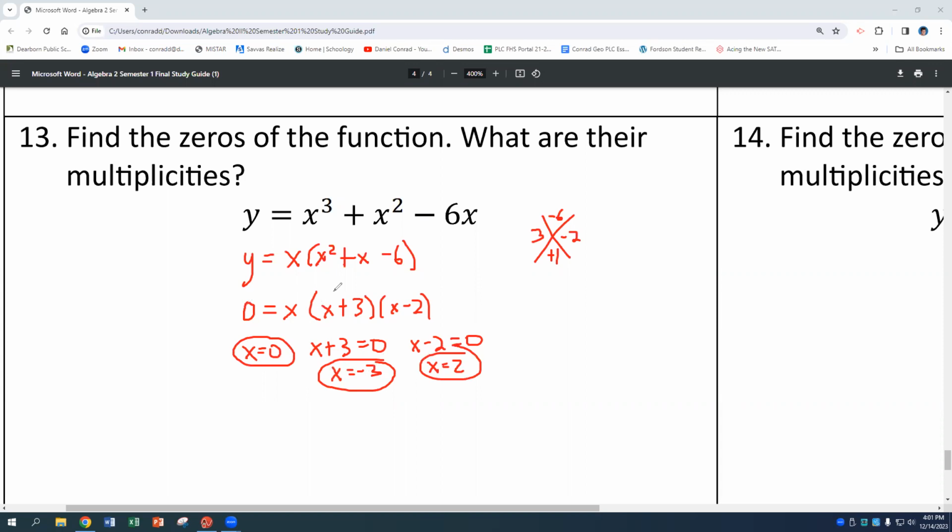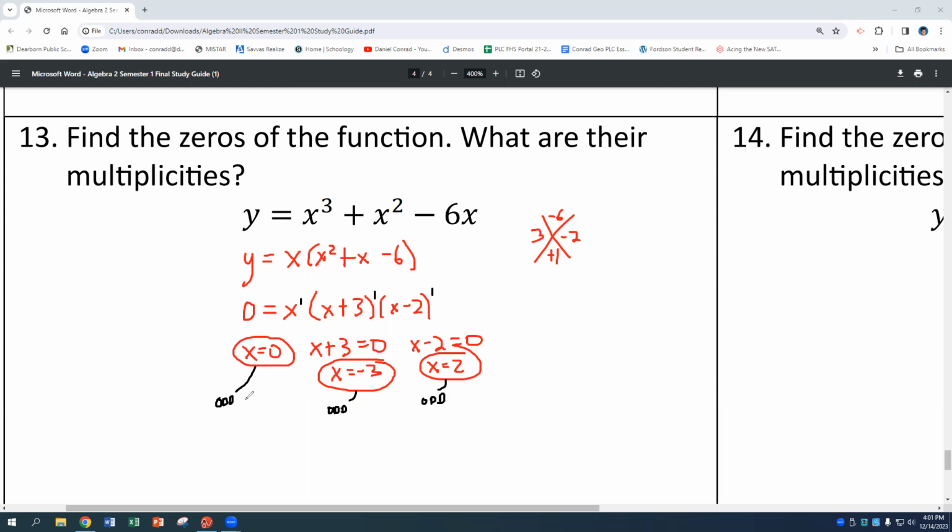Okay. If we look at our function here, this is x to the first power. This is x plus 3 to the first power, and x minus 2 to the first power. So the multiplicity is odd, right? 1 is odd. Okay, the multiplicity here is odd, and the multiplicity here is odd, right?